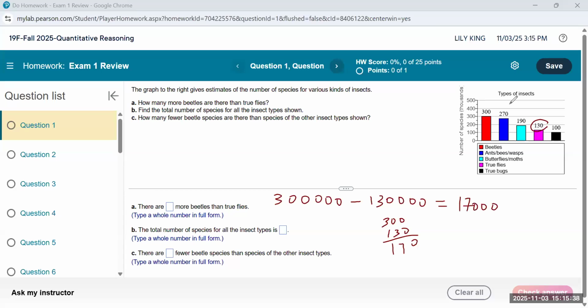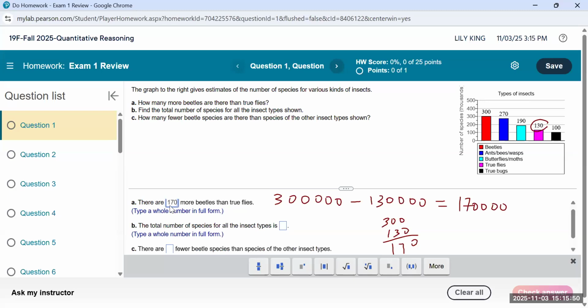So when you are typing this in the box, you want to put 170 with 3 zeros. If you just put 170, it's going to mark it as incorrect because the label is thousands. The number of species is in thousands.